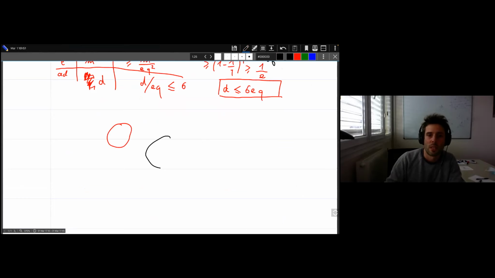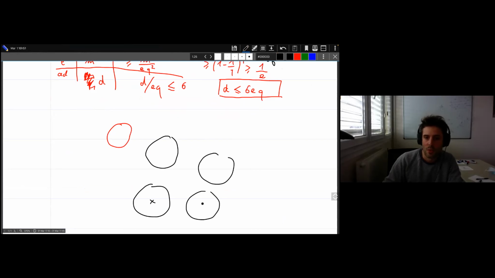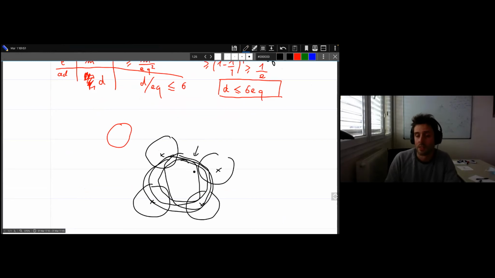So we take our packing, and now you fix these balls, and you look at all the balls that intersect precisely these four balls. And you look at the packing here. And I claim that the packing here is small. So if I take L balls, the packing here is at most L.